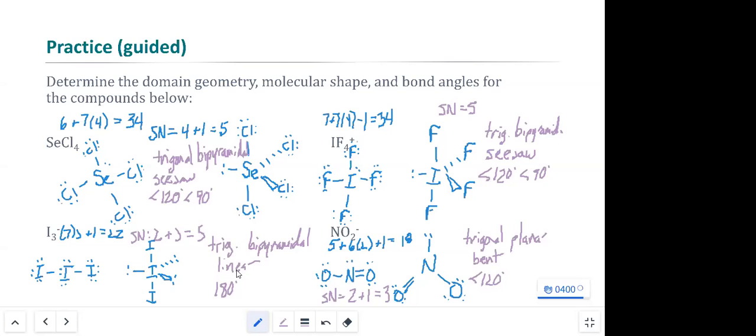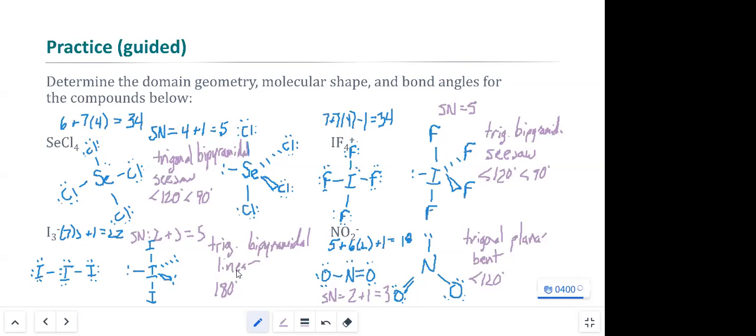Now, if you're looking at yourself and you're saying, well, wait a second, you just made this big long speech about how lone pairs can create asymmetry. Yes, that is true. However, in this particular circumstance, what we have to do with these hypervalent shapes is we basically evaluate the equatorial plane and the axial plane individually. So on this axis, is there symmetry?